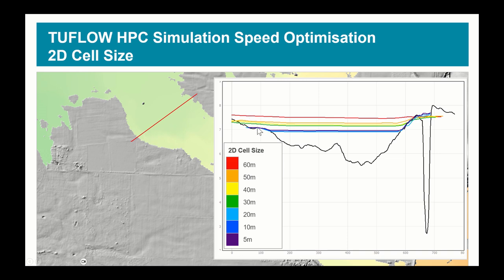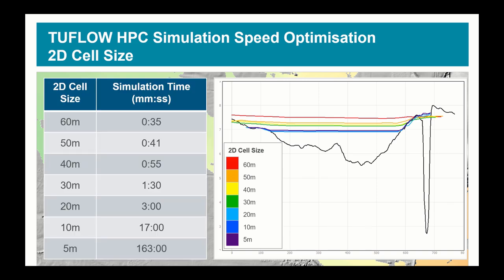From this cross section we can see that the results for the purple, dark and light blue all converge to a common answer, whereas the others produce a water level that is too high. Based on this result, I'd be confident in using any of these three solutions as my model resolution.